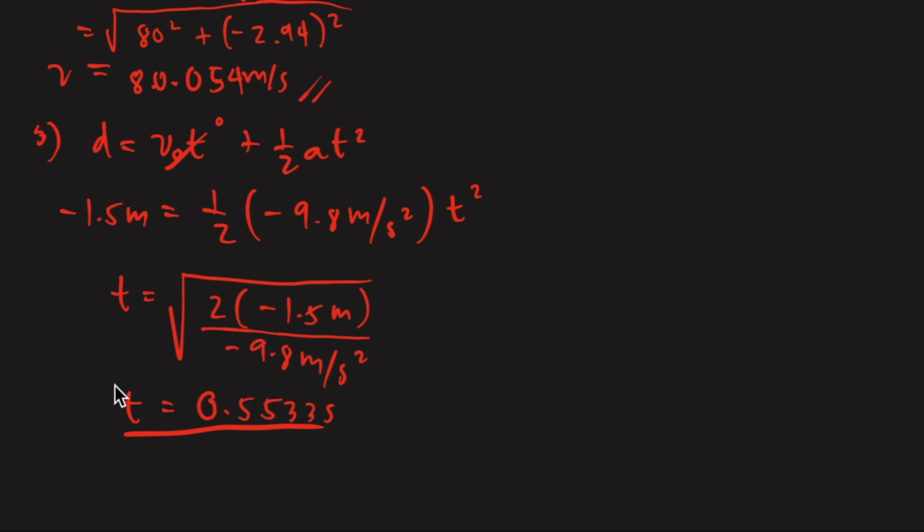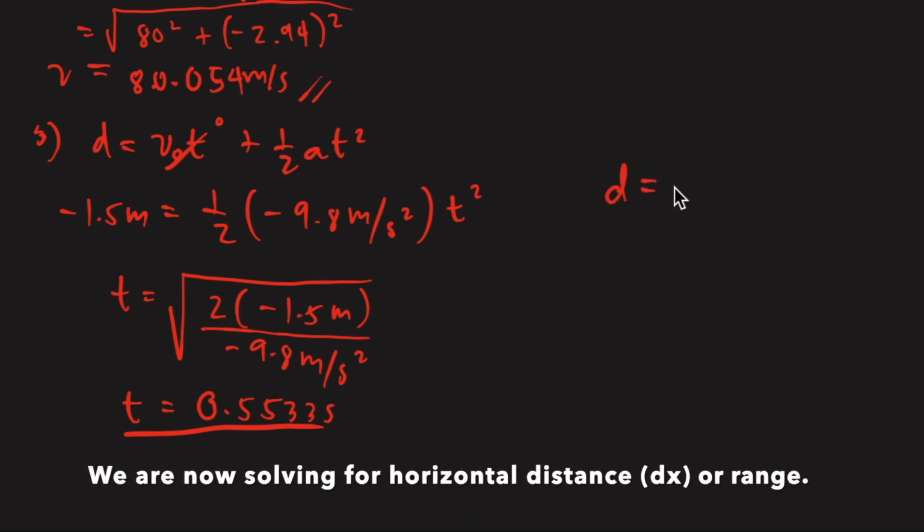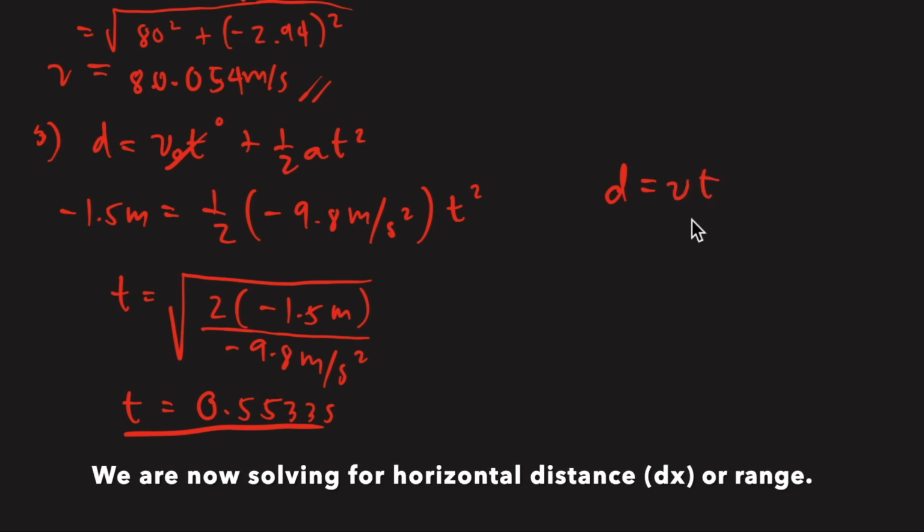Since this time is true for both the horizontal and the vertical components, we can use this time to solve for the range, the horizontal distance. Since the velocity is constant in the horizontal component, we can use the equation d is equal to vt.